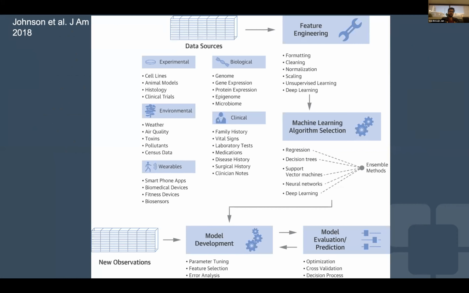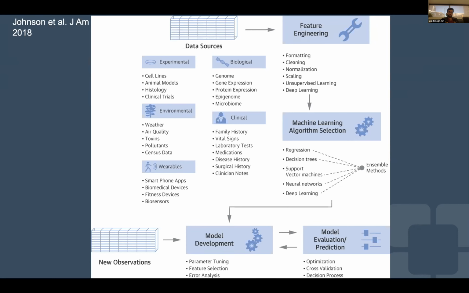And then we select the algorithm that makes the most sense to solve that problem. Those are types of algorithms like linear regression, decision trees, SVMs, neural networks, and so on. And then we develop the model and optimize it with parameter and sometimes hyperparameter tuning. That's the training data set. And then we test it and see how the model performs on a different blinded data set.